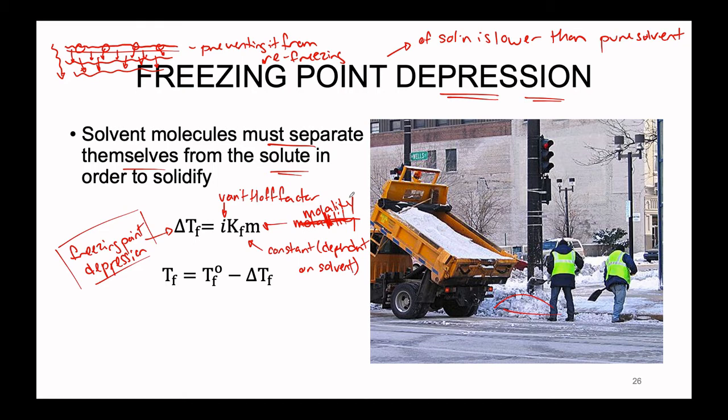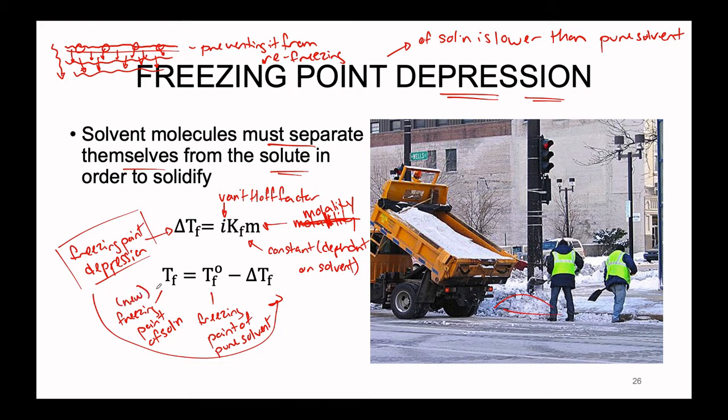Okay, so if you have your first equation down, freezing point depression being equal to a combination of our Van 't Hoff factor, this constant for the solvent, and molality, we can use this freezing point depression in combination with the freezing point of pure solvent, which is our capital T sub F with a naught, to find the freezing point of the solution, or the new freezing point.